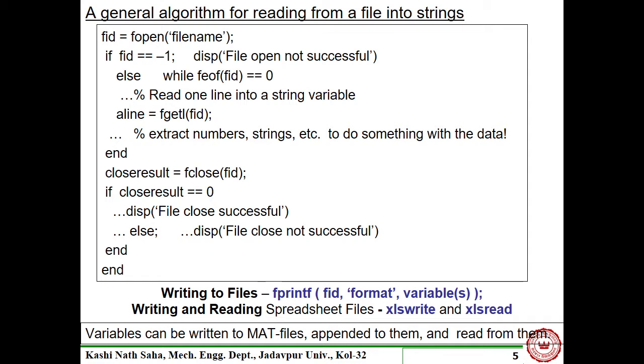But we require some handle of the file for writing in the file. That function is fprintf. Now, are you aware of this fprintf function? Actually, this function belongs to C.